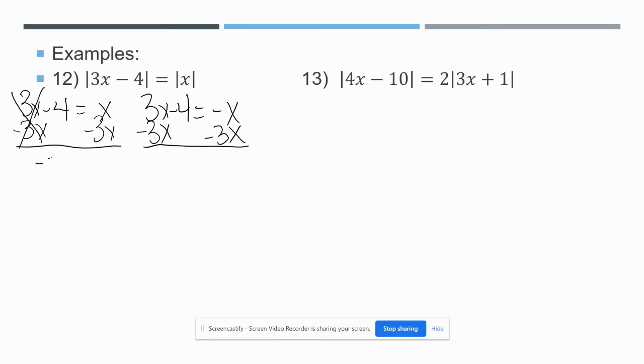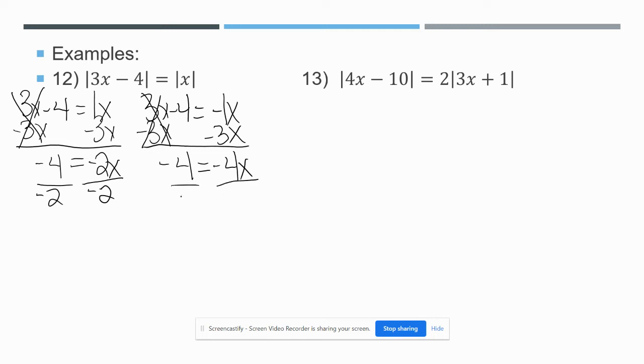This adds to 0. We have negative 4 is equal to 1 plus negative 3 is negative 2x. These add to 0. We have negative 4 is equal to negative 1 plus negative 3 is negative 4x. Solve the equation on the left by dividing both sides by negative 2, and the equation on the right by dividing both sides by negative 4. That gives us 1x is equal to positive 2, and 1x is equal to positive 1.